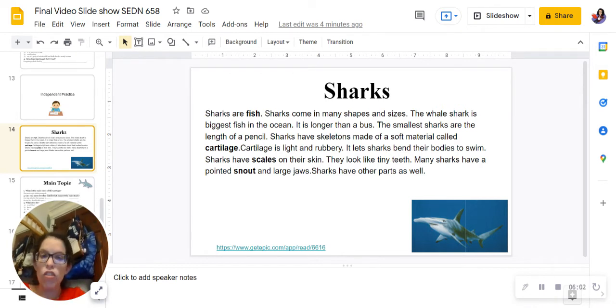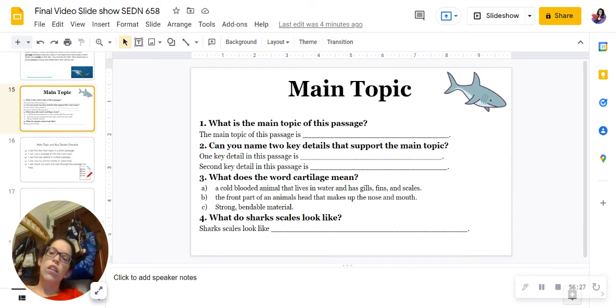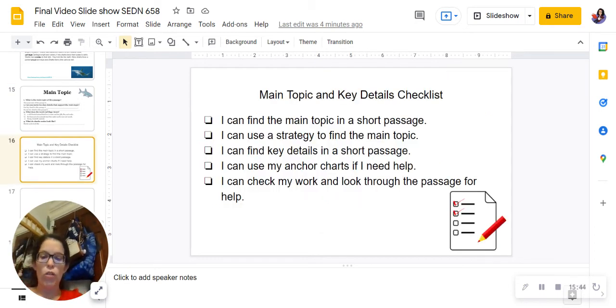Corey has a big interest in sharks, so I thought it would be great to talk about sharks in independent work, get his attention, also hear him read it, and then have him go back to any strategies he may need in the passage, and also look back at how to find the main topic, those key strategies. And then they would go into answering the checklist, whether they used their anchor charts, or did they use the strategy to find it, or did they find the main topic.